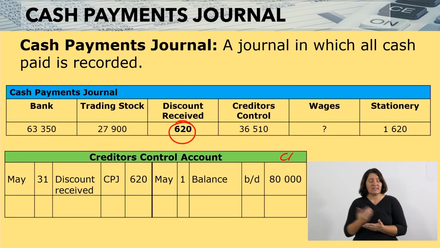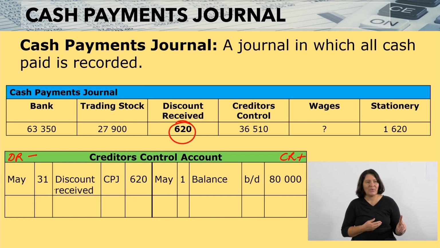Let us now see how to record the discount received in our creditors' control. I'll repeat again. On the credit side, my creditors' control increases. But on the debit side, it decreases.